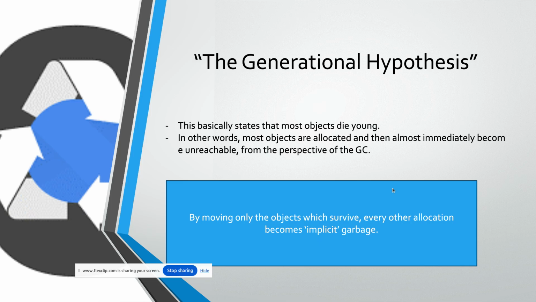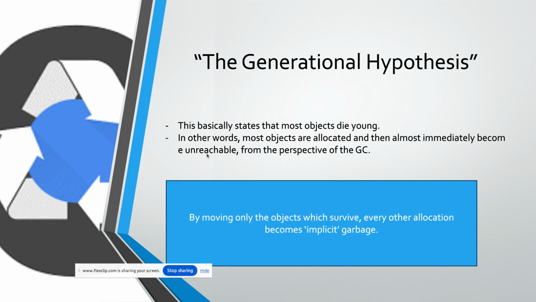So there is a general hypothesis, and that is why minor GC came. Basically, it states that most objects die young. In other words, most objects are allocated and then almost immediately become unreachable from the perspective of the GC.